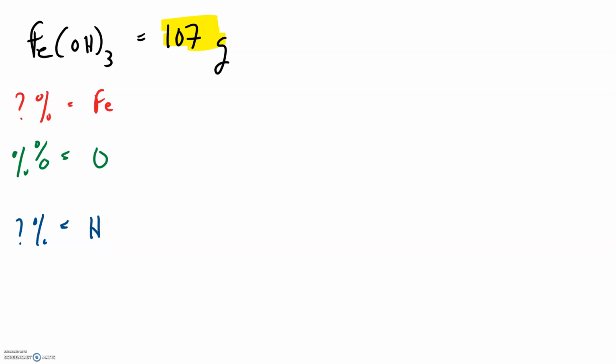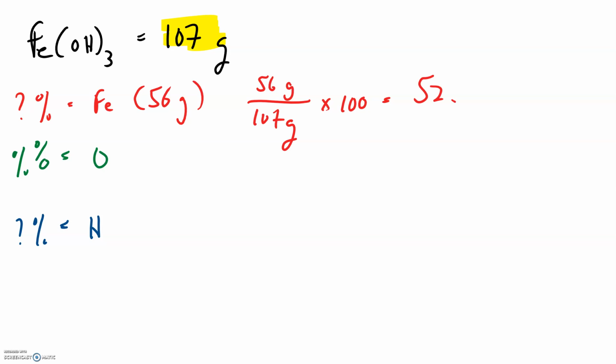So if we know that, for example, iron has a mass of 56 grams, what percentage of 107 is iron? We're going to say 56 grams divided by 107 grams. We'll multiply it by 100 to get it into a percentage, and we get 52.3% iron by mass.